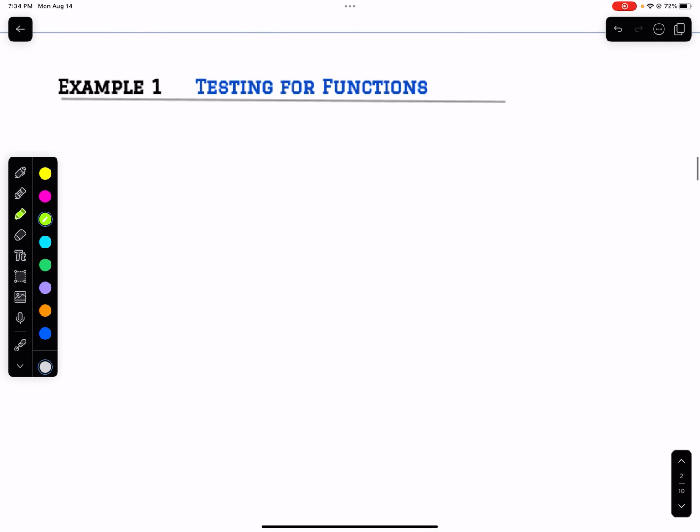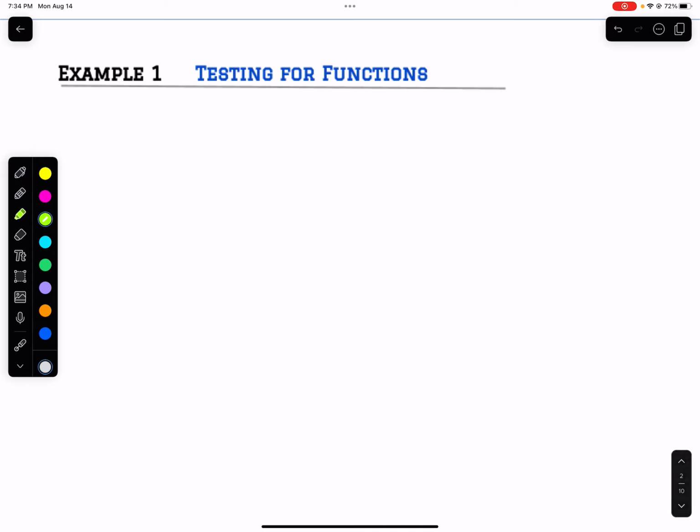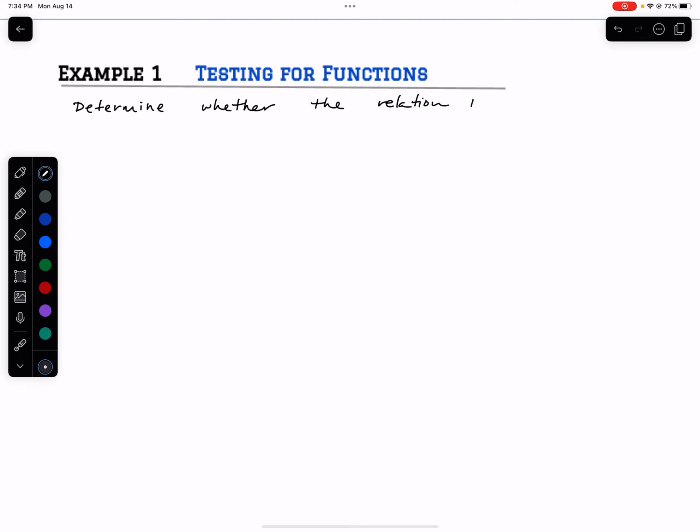So testing for functions. So example. Determine whether the relation is a function.